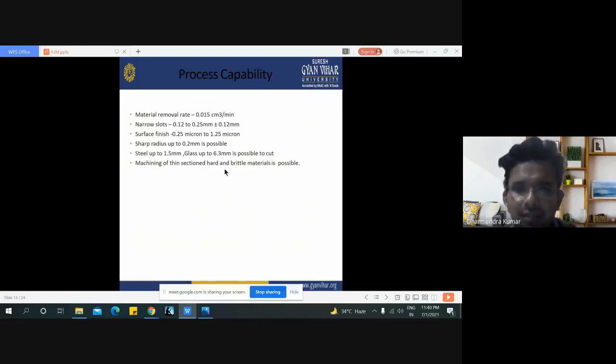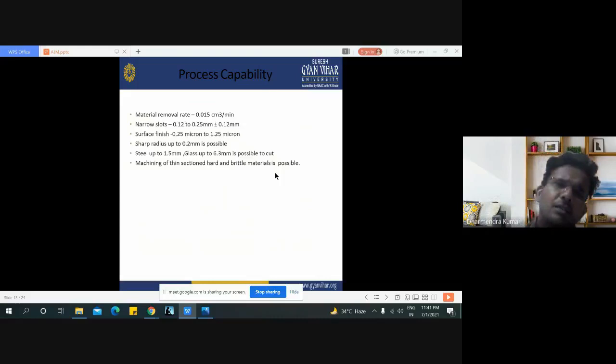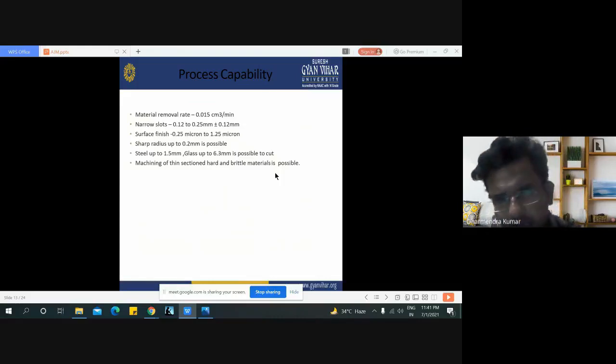Machining of thin section hard and brittle material is possible. Normally in the conventional machining, we have seen that it is very difficult to machine brittle material, but in the newer machining process, either it would be water jet machining or abrasive jet machining, the brittle material is machined very conveniently.